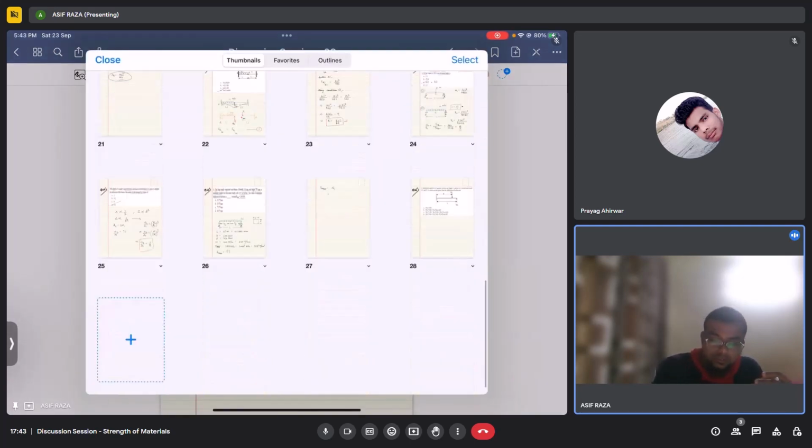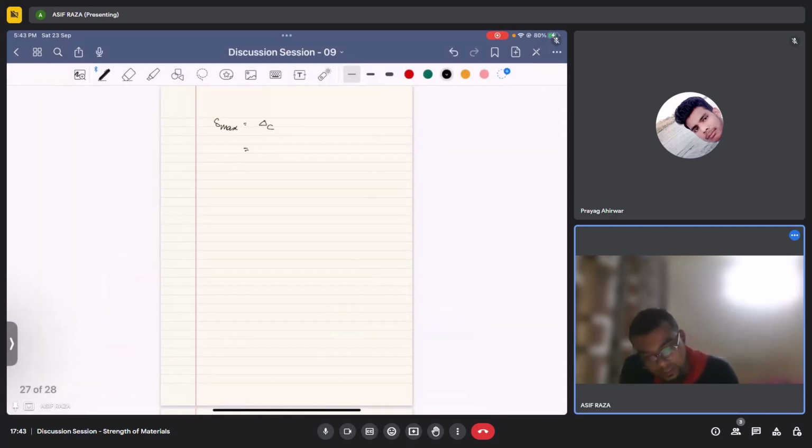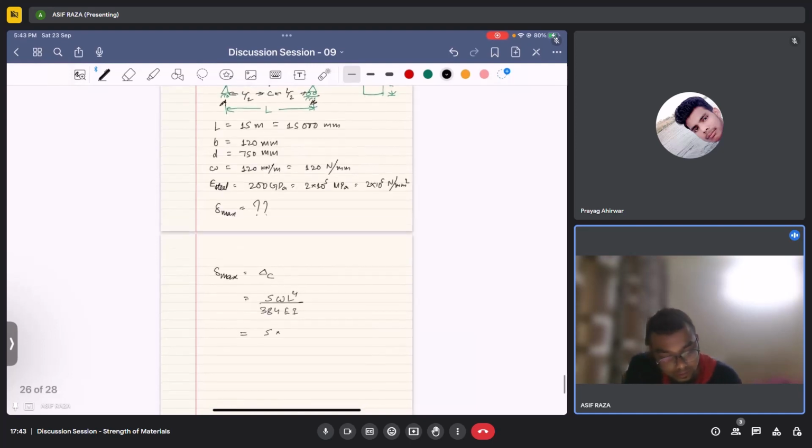I'll just use this relation and substitute the values. The W is 120, L is 15,000 to the power 4, 384, E is 2 into 10 to the power 5.